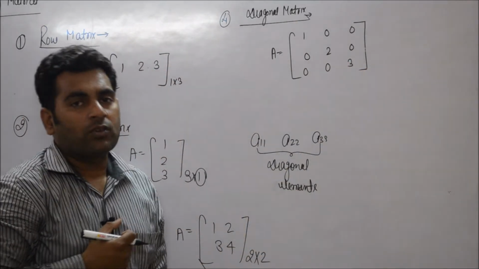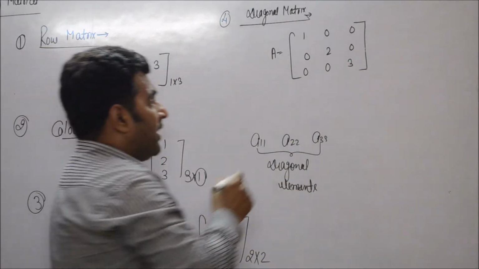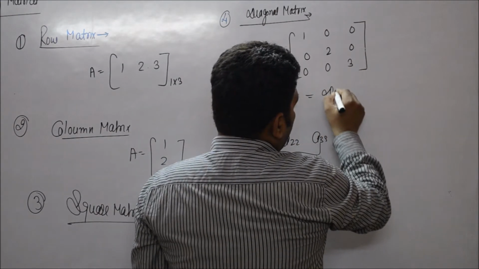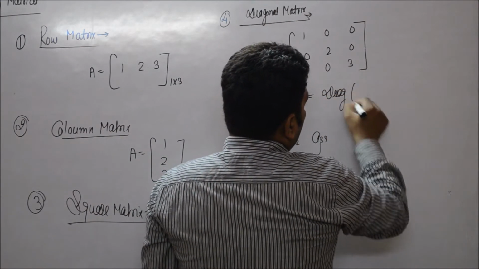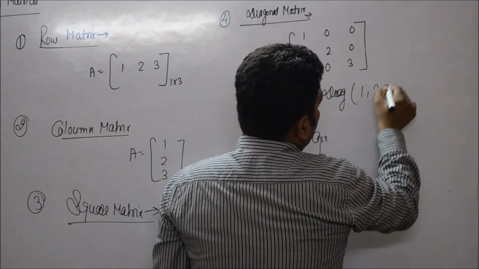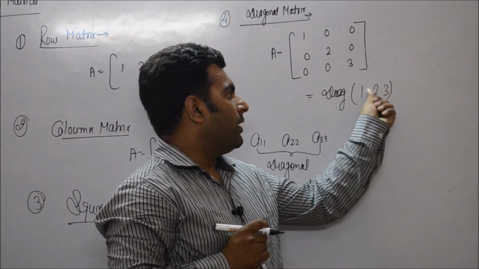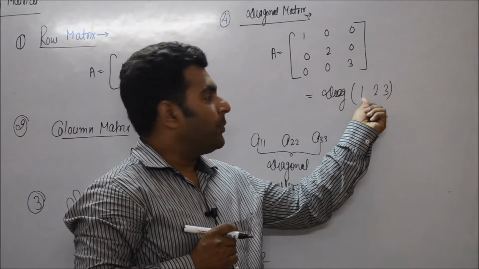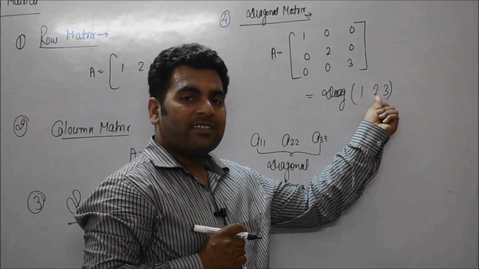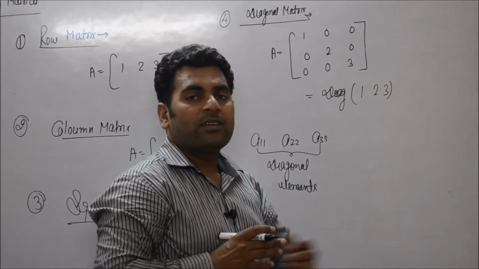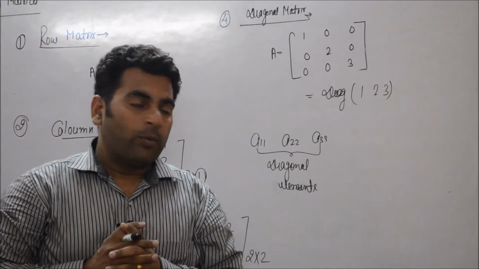This matrix can also be written in the form diag(1, 2, 3), in which the first element represents the 1, 1 position, the second represents the 2, 2 position, and the third represents the 3, 3 position.